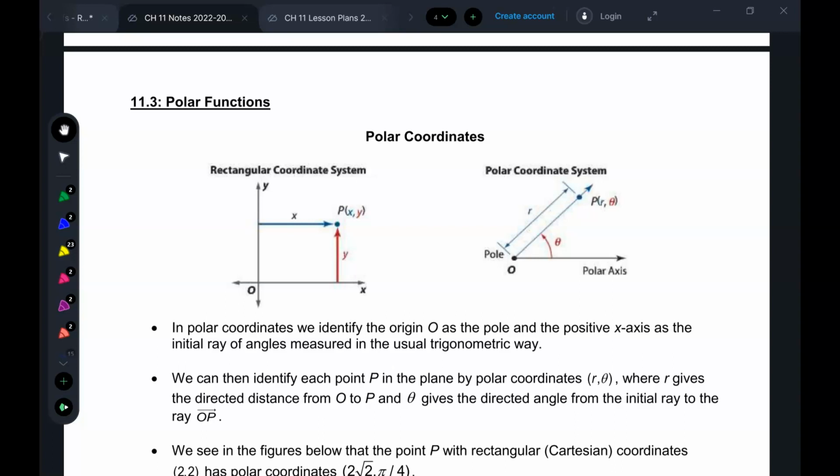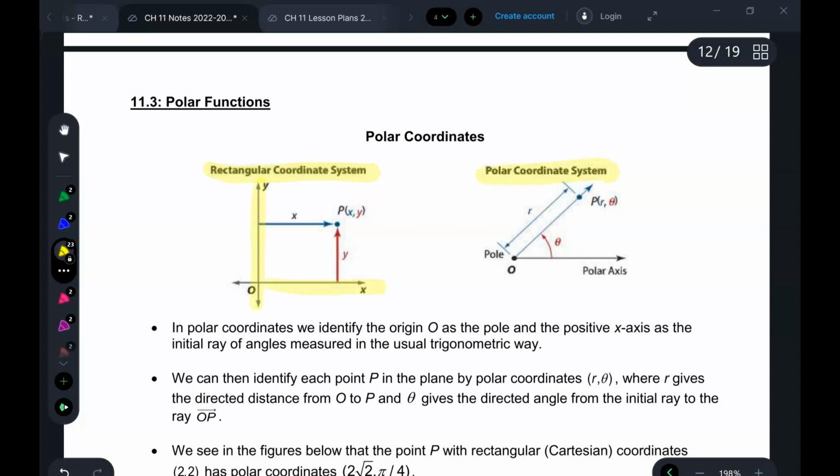Okay, so we are going to do the last section of chapter 11, and this is going to be on polar functions. Let's do a little bit of a review. What are polar coordinates versus our rectangular coordinate system? Just remember, rectangular has to do with an x and a y-axis.